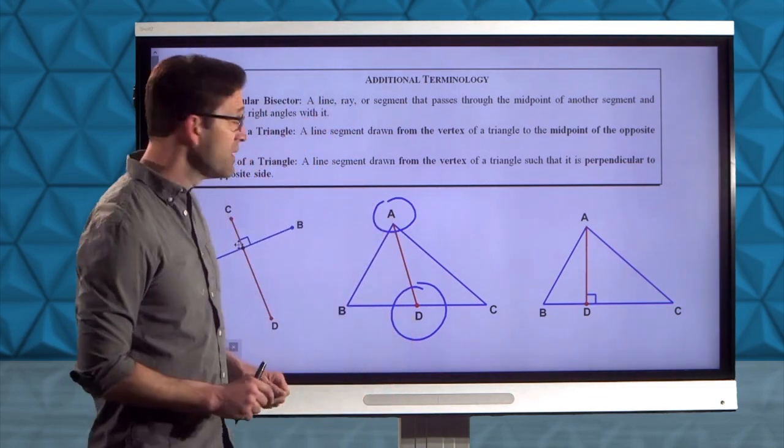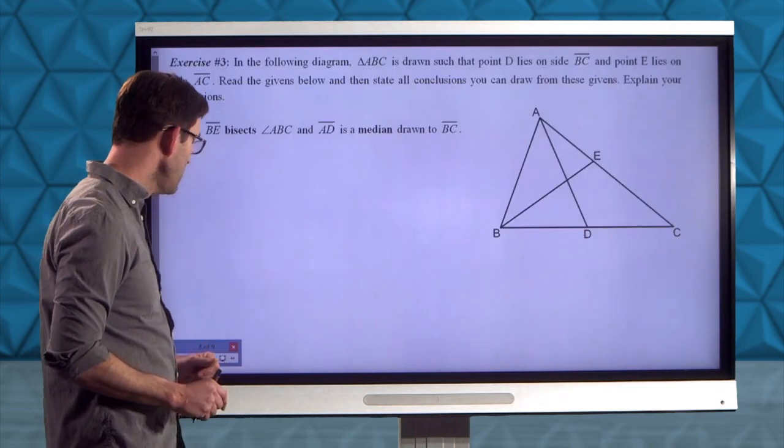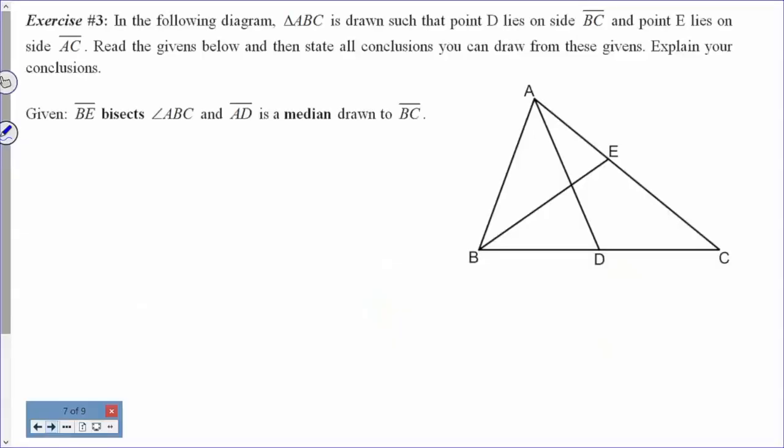Okay, now using these pieces of terminology, let's draw some inferences. Exercise number 3. In the following diagram, triangle ABC is drawn such that point D lies on side BC and point E lies on side AC. Read the givens below and then state all conclusions you can draw from these givens. Explain your conclusions.